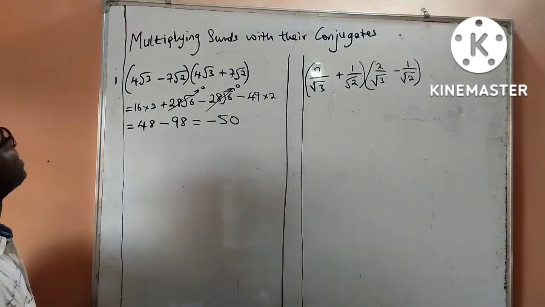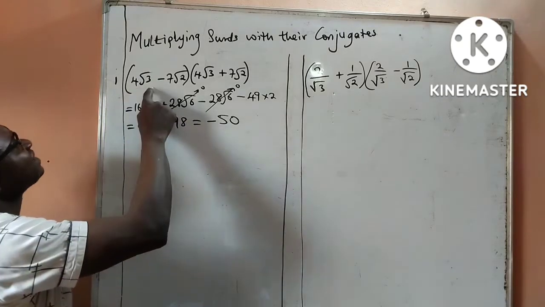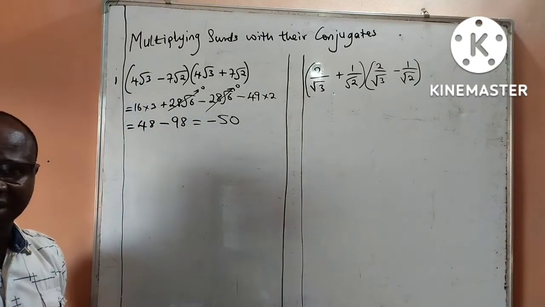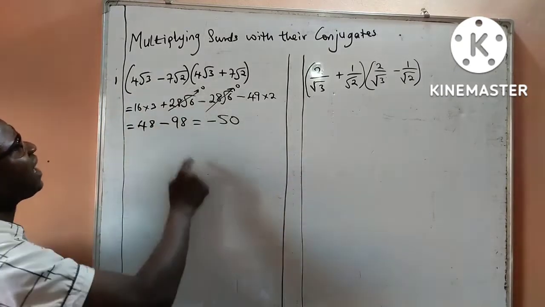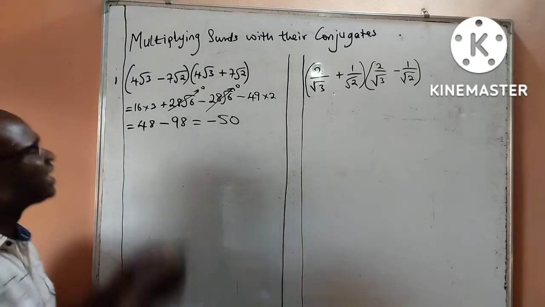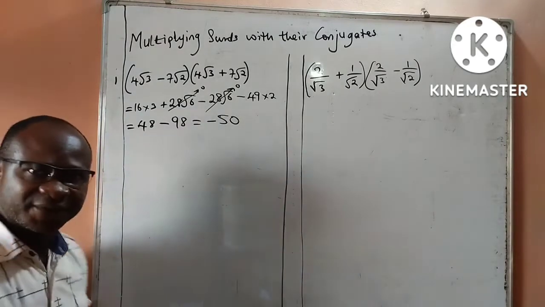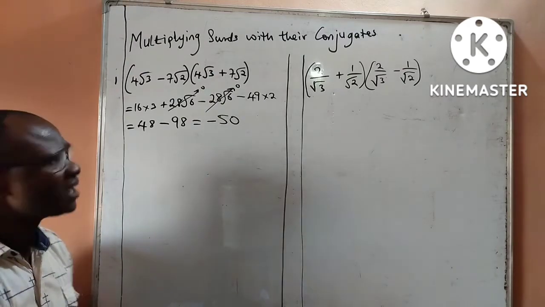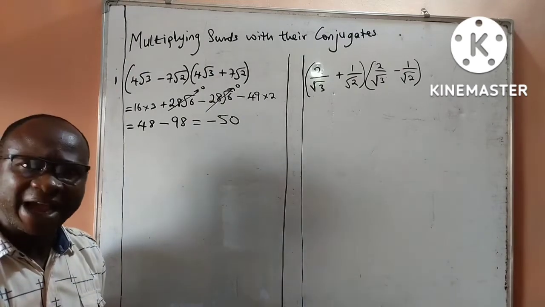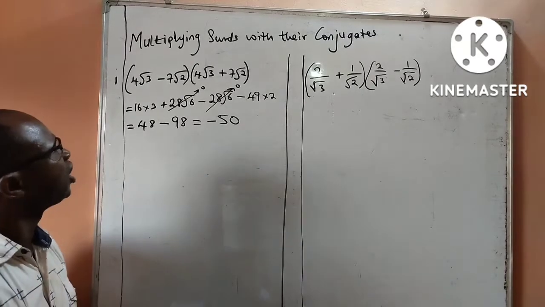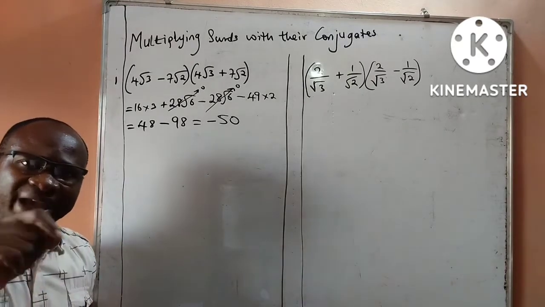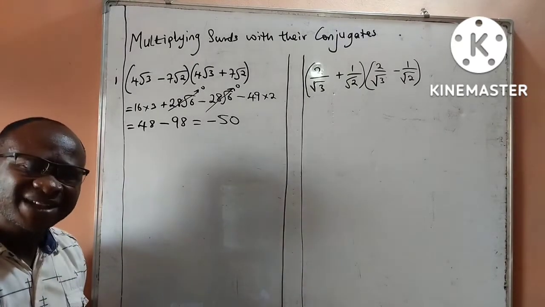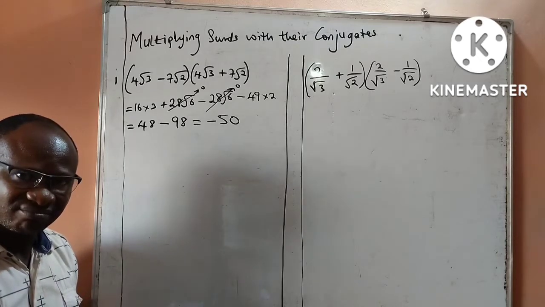Alright? What it means is that if I square this, I will get 48, and when I square this, I'll get 98, and the difference of the two will give me negative 50. We can simply say here that when a surd is multiplied by its conjugate, then the result we get is simply the difference of the squares.